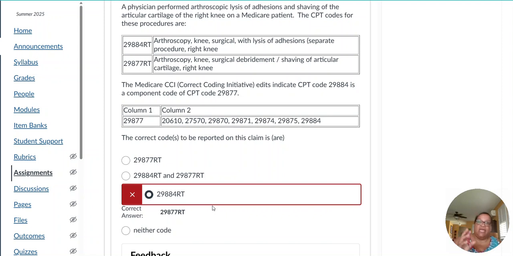Maybe they had an injury after they had surgery, and that's why they got all this buildup of adhesions or scar tissue. And the intention when they go into surgery is to just break up those adhesions, to give the patient some pain relief. The other reason typically that we might use 29884 is when it really wasn't the intention.